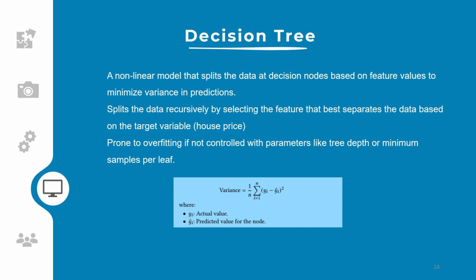Coming to the overview of these algorithms, the decision tree regressor is basically a predictive model that splits the data recursively based on the feature values. It makes predictions by averaging the target values in the leaf nodes. While the random forest regressor is basically an ensemble model composed of multiple decision trees.